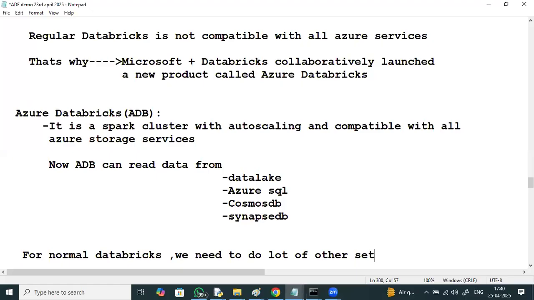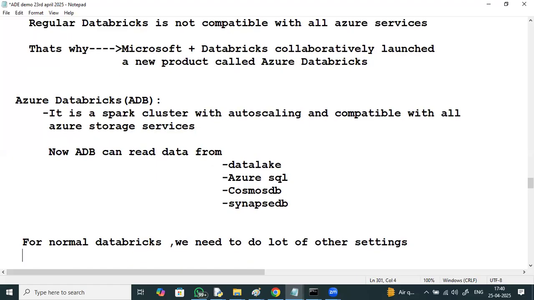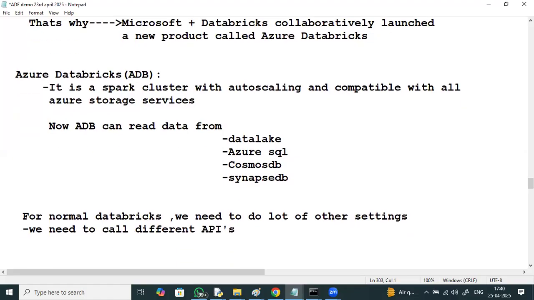For normal Databricks, we need to do a lot of other settings. We need to call different APIs. Databricks is not only available for Azure, but also for other clouds like AWS and Google.